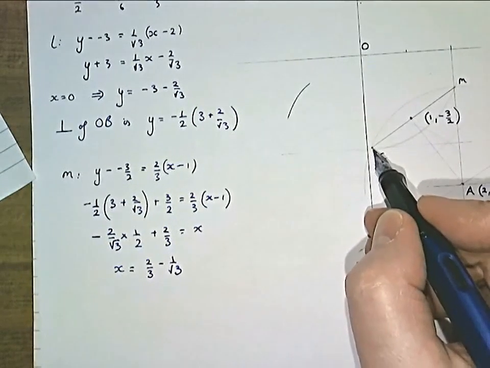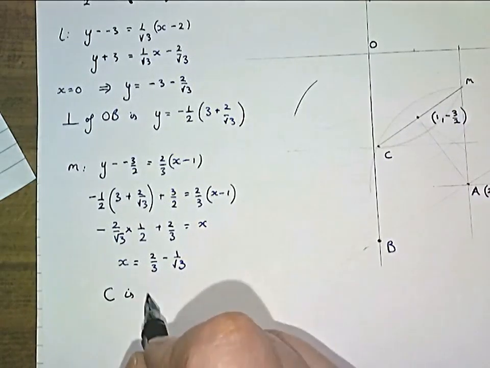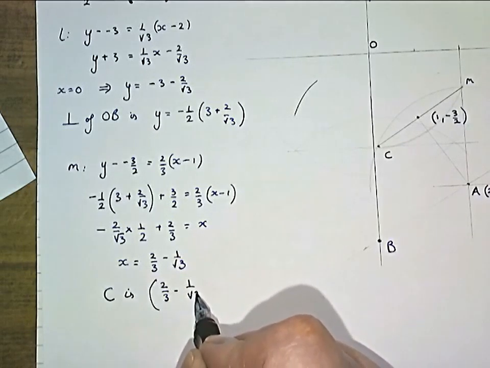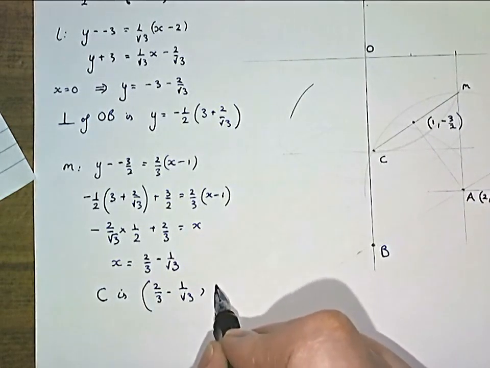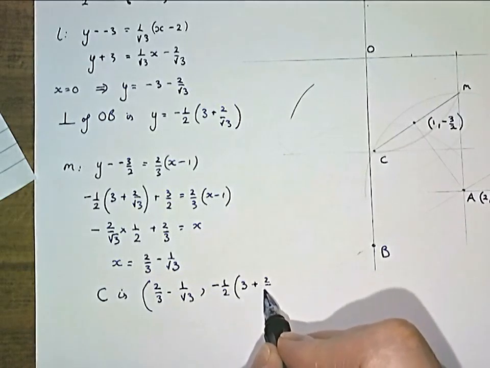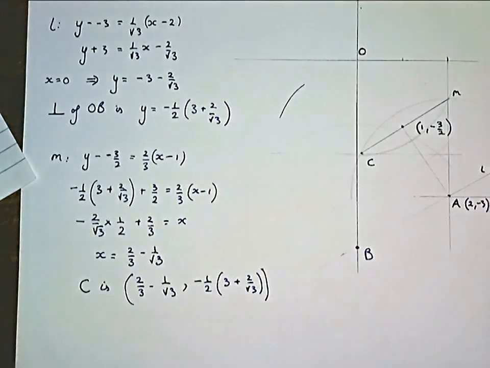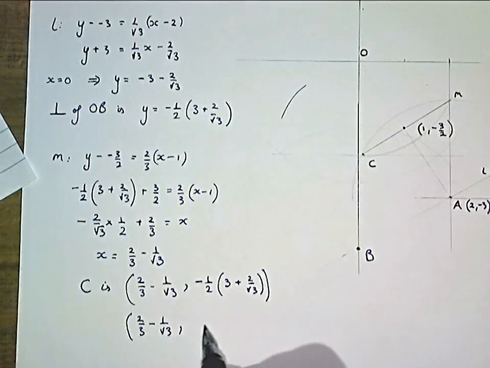So now we've found the point C. So C is the point 2 over 3 minus 1 over root 3, and the y-coordinate is going to be minus a half of 3 plus 2 over root 3. Perhaps we can simplify that a little bit: 2 over 3 minus 1 over root 3, and then minus 3 over 2 minus 1 over root 3.